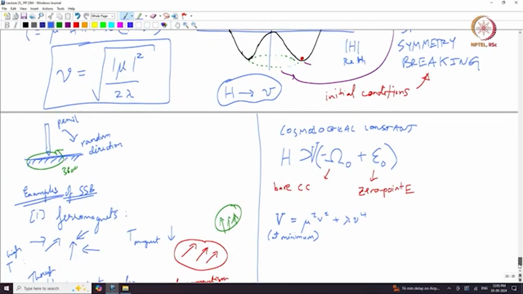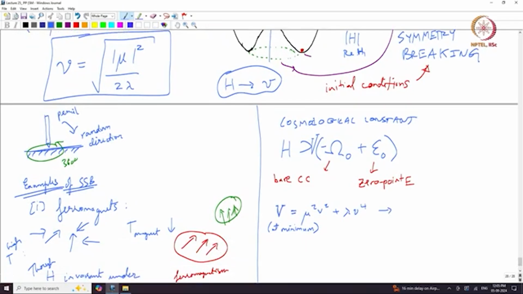Put differently, this potential also contributes a constant energy density, or even better, a uniform energy density across space and time.